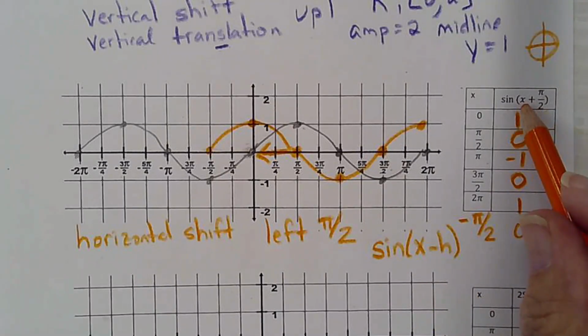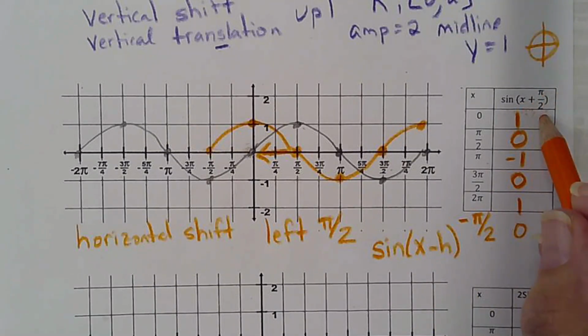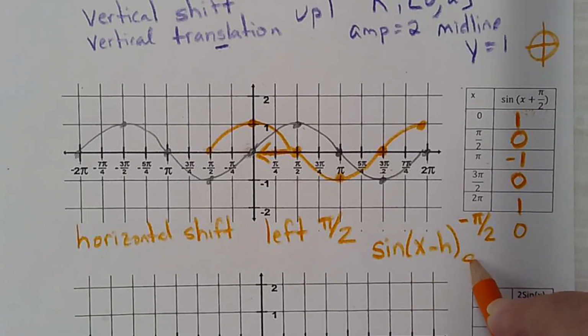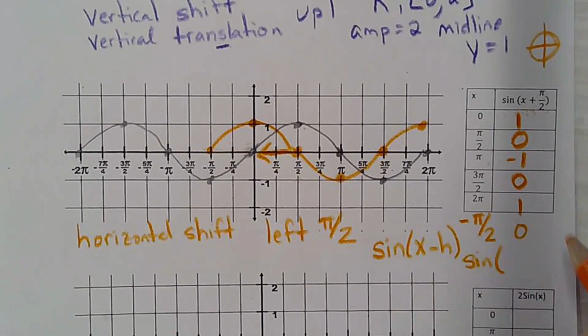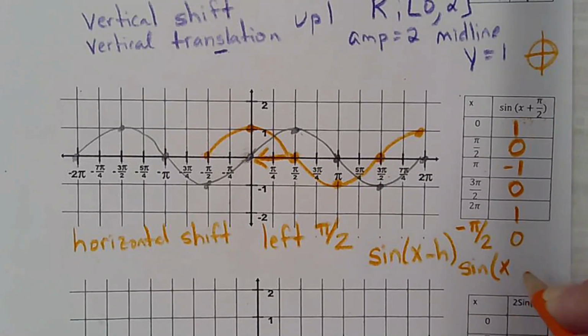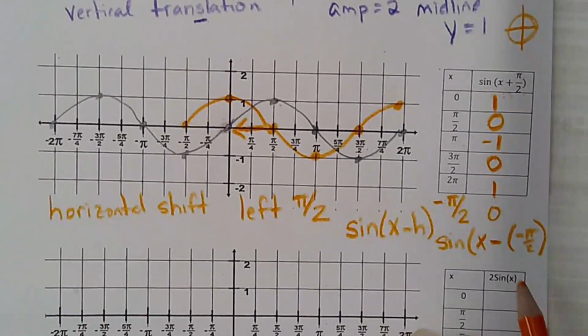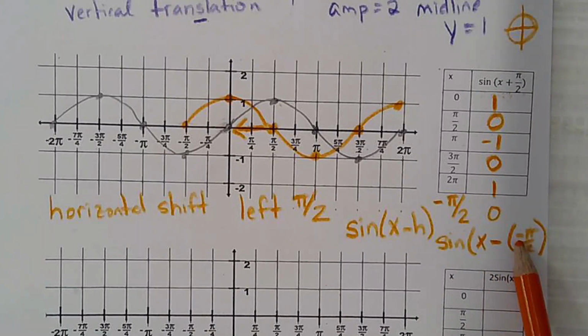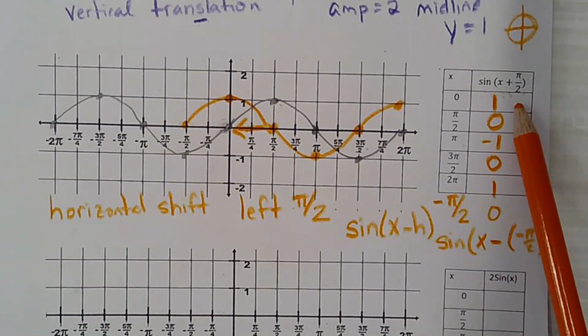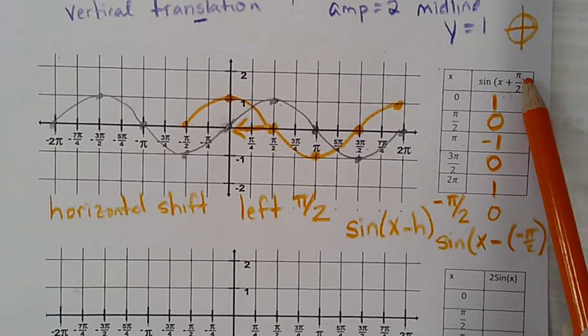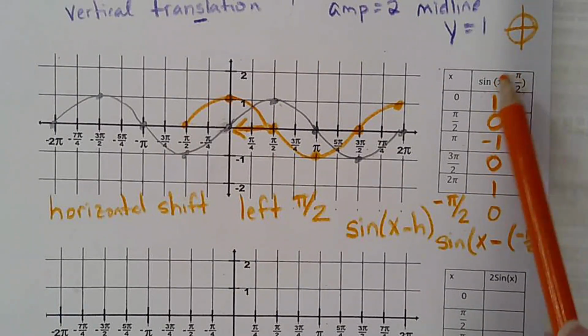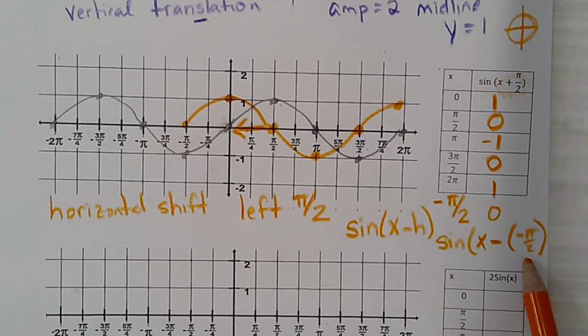So when I have x plus pi over 2, I can think of that as the sine of x minus a negative pi over 2, because minus a negative comes out to be plus. So when I have x plus pi over 2, my shift is really a negative pi over 2. That's what makes it go to the left.